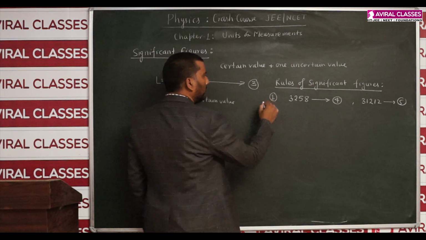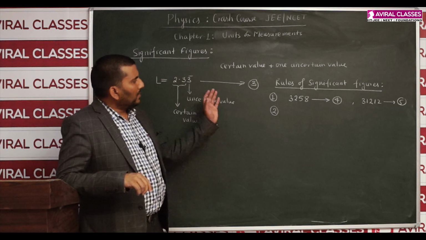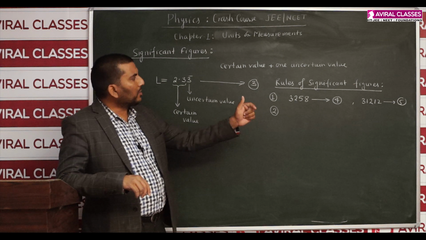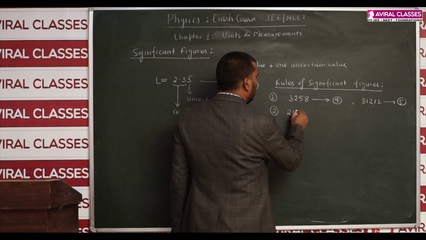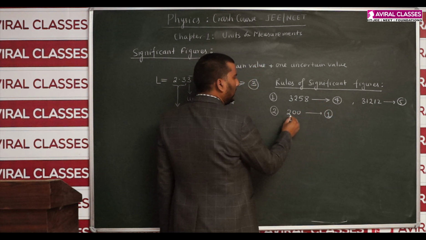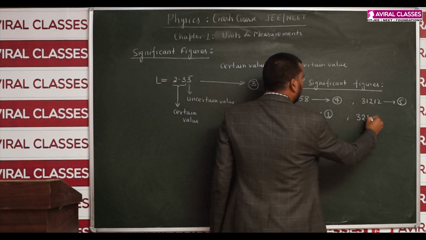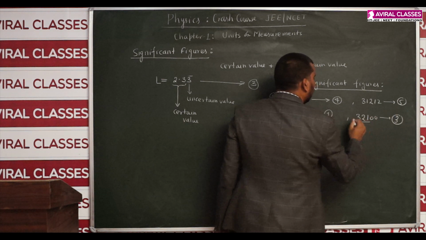Rule 2. Trailing zeros are not considered in significant figures. Like if I have 200, I'll say that we have only 1 significant figure, only this. If I have 32100, I'll say I have only 3 significant figures, these 3.